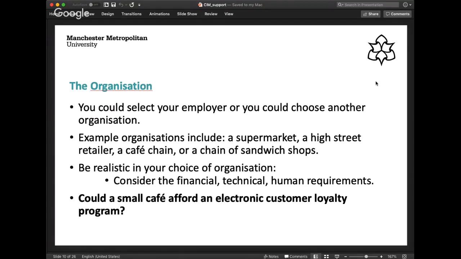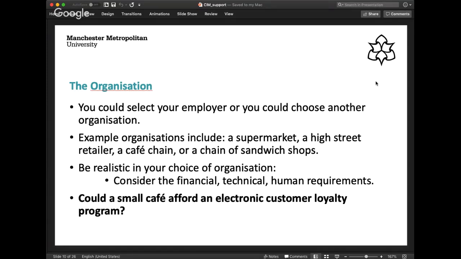Looking at task 1, the big question I keep being asked is, what size of organisation should I pick? Could a small cafe be a really good one, or could this clothing brand be a good choice? Well, the answer is no, because could a really small cafe really afford this online electronic customer loyalty program, or a really complex loyalty program where you're analysing data and investing both time and money into it?